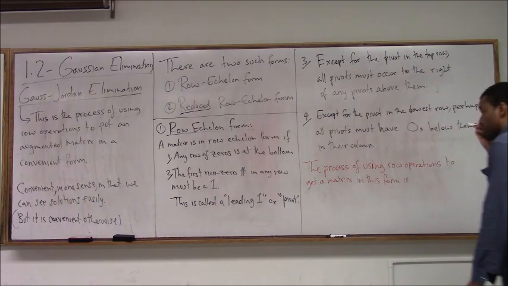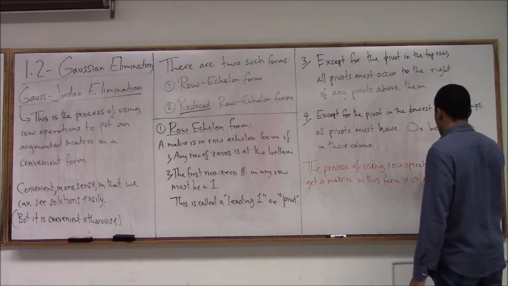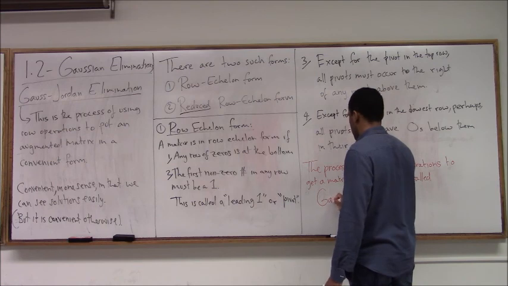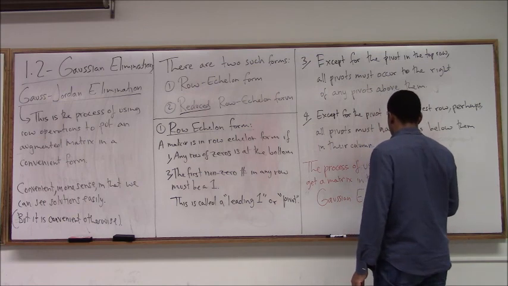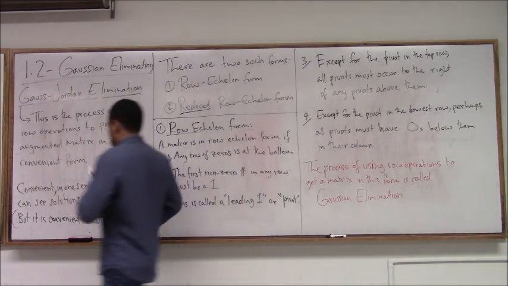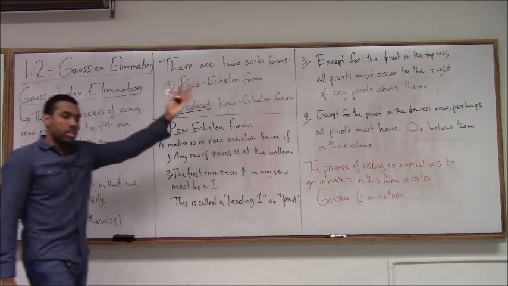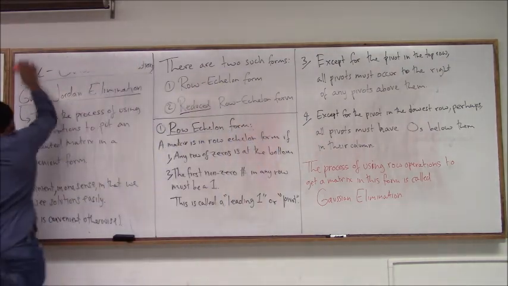The process of using row operations to get a matrix in this form is called Gaussian elimination. Gauss-Jordan elimination is the process to get it in the form of reduced row echelon, which is what I'm going to tell you now.